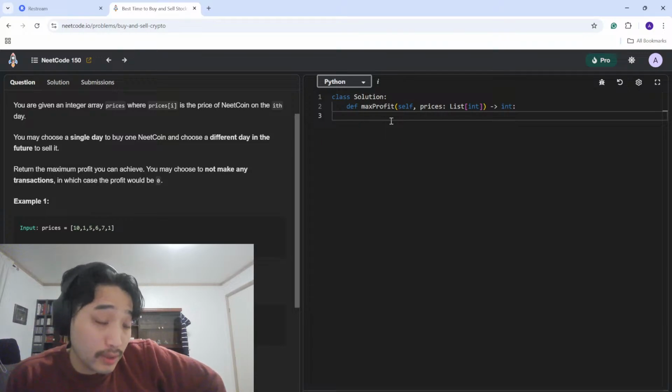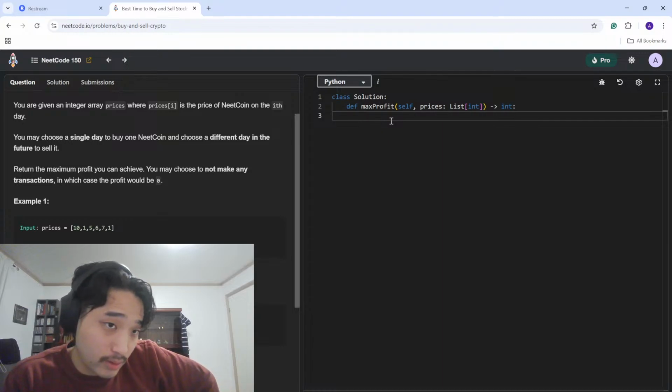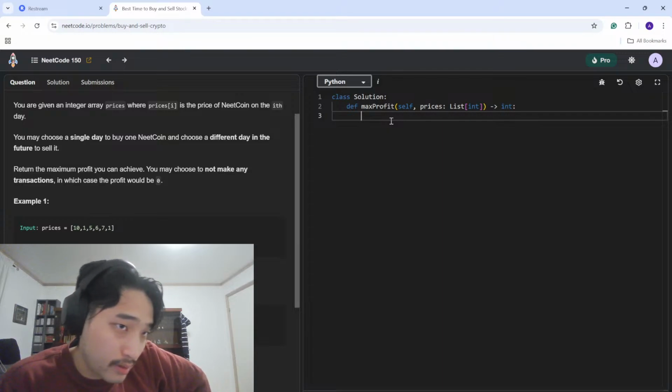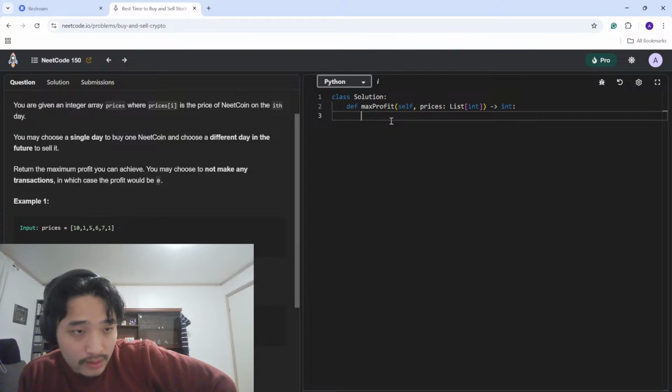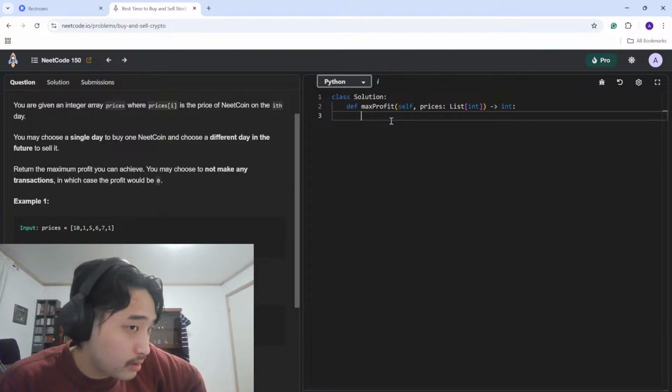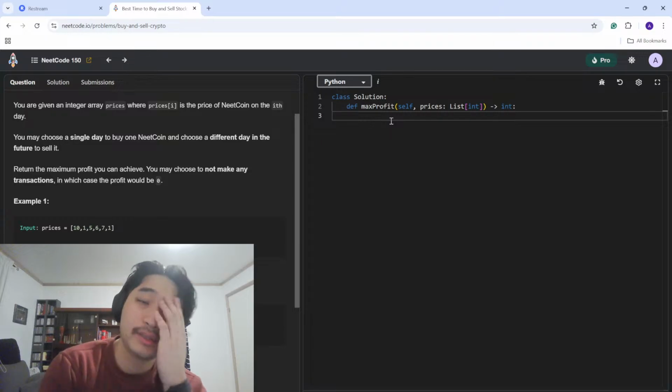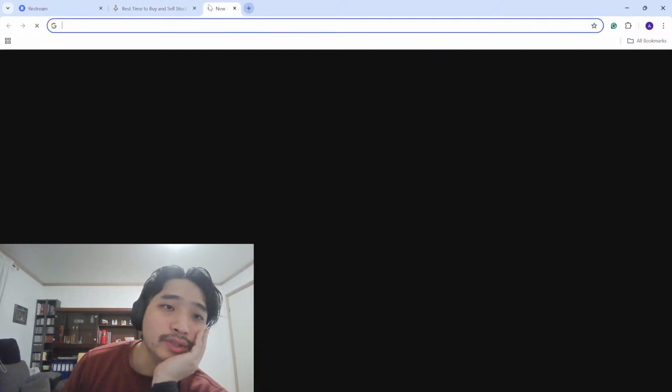And the sliding window is apparently what I should do. This is the easy one. Why is my brain struggling to think? I would just need to watch some videos.